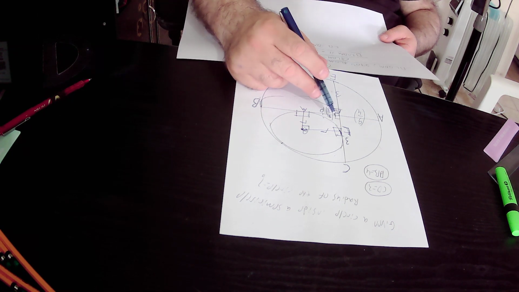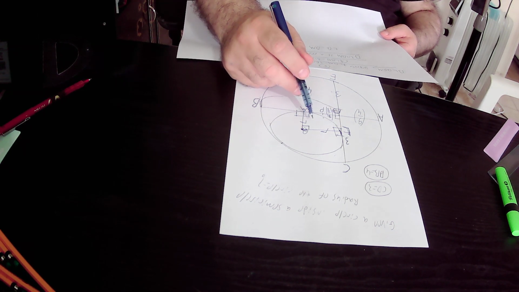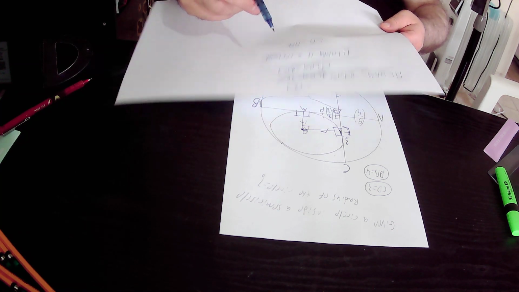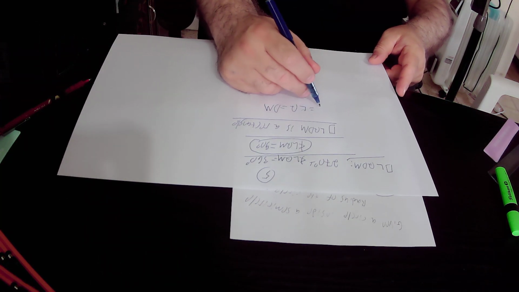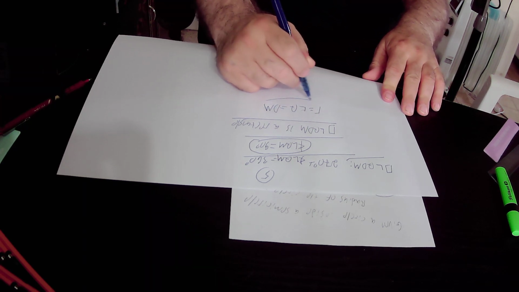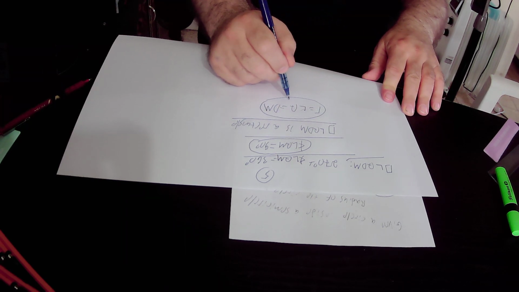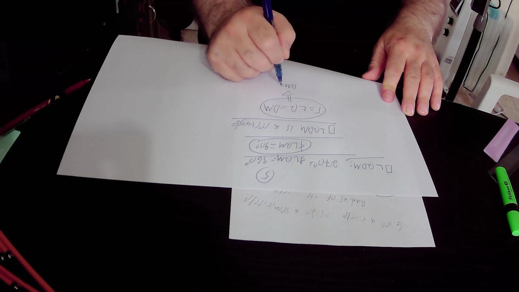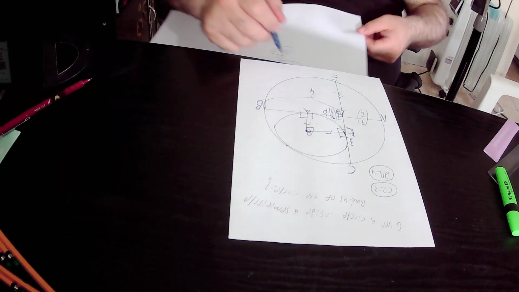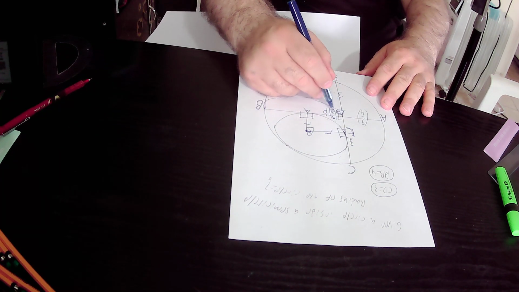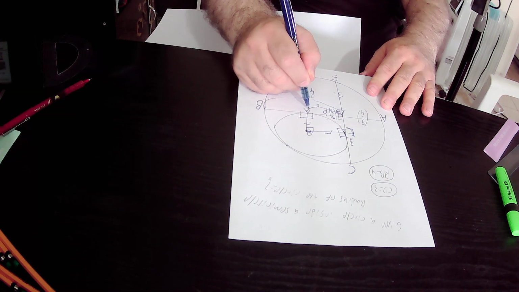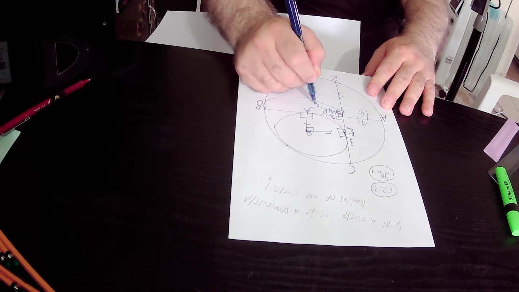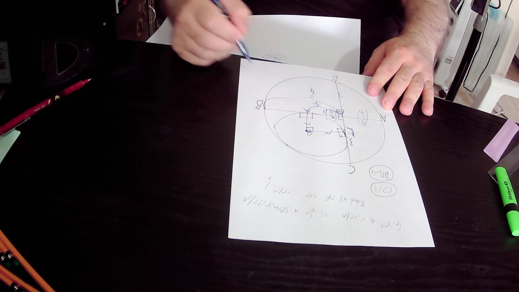But we have already found out that LQ is the radius of the small circle, equal to small r. So we can write here that LQ equals r, and from r equals LQ equals DM, we derive that DM is also equal to r. Small r, the radius of the small circle.